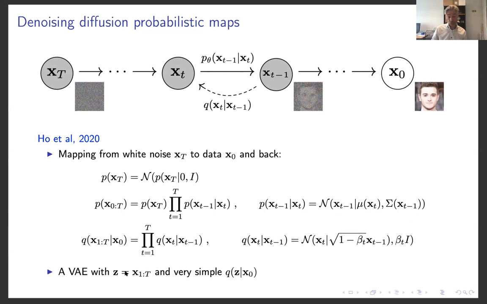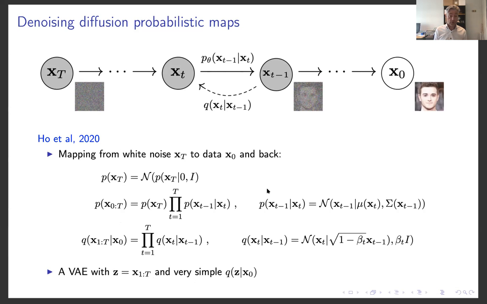So this corresponds to, when you write down the variational lower bound to the log likelihood, a VAE, where the latent variables are these x1 to xT, and the encoder is a very simple Gaussian random walk. It has been demonstrated in this recent paper that this works very well as a generative model for images, maybe on par with the VAE we saw in the previous application.